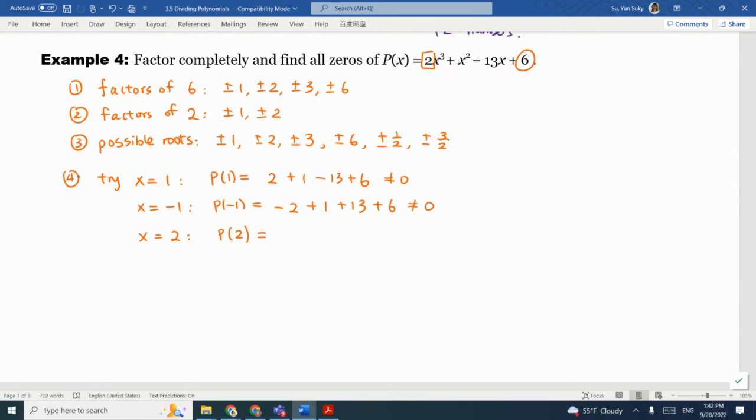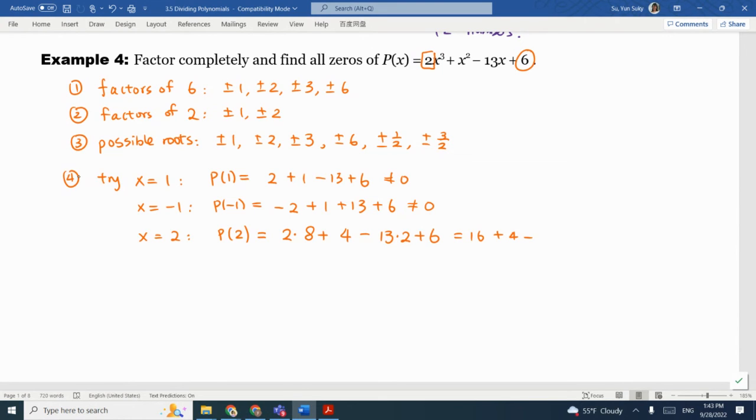Okay. All right. So 2 times, what's 2 cubed? 8. And then plus 2 squared, 4, right? And minus 13 times 2 plus 6. Is that okay, everybody? We're plugging 2 for x here. What's 2 times 8? 16 plus 4.